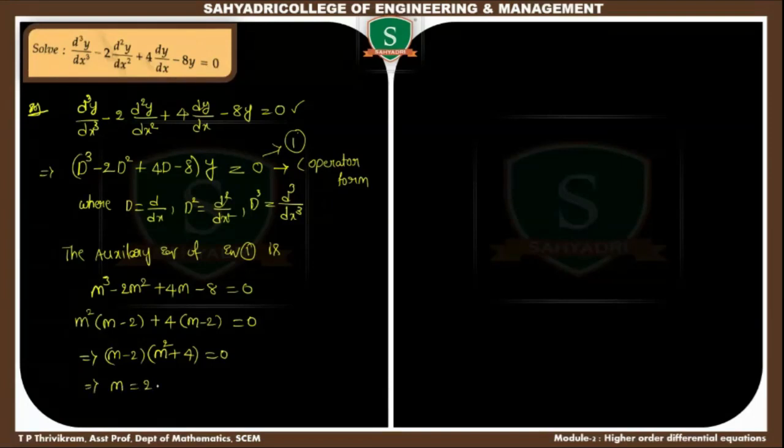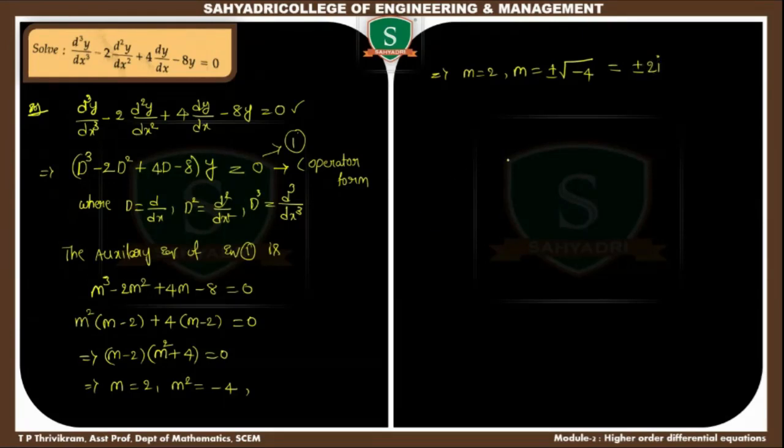Now m equal to 2, and similarly m square equal to minus 4. So m equals 2, and m equals plus or minus root of minus 4, which is nothing but plus or minus 2i.